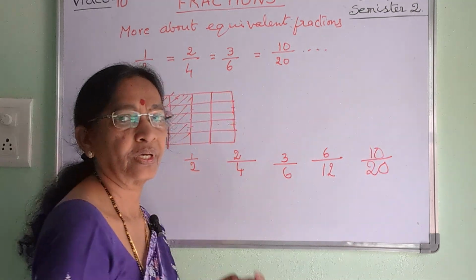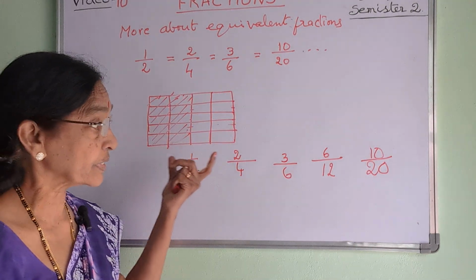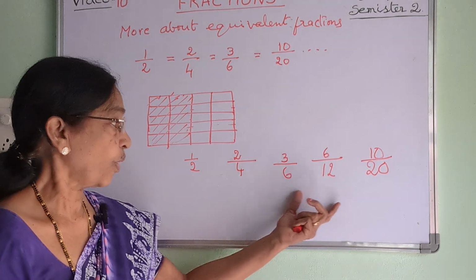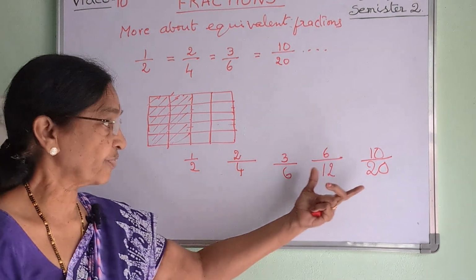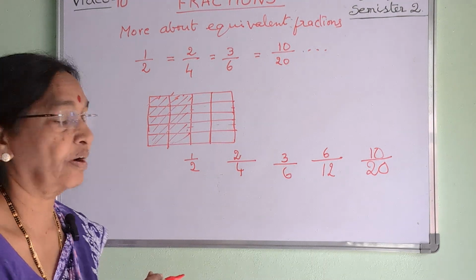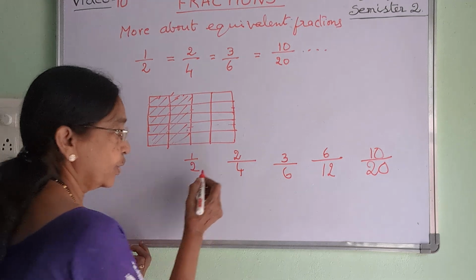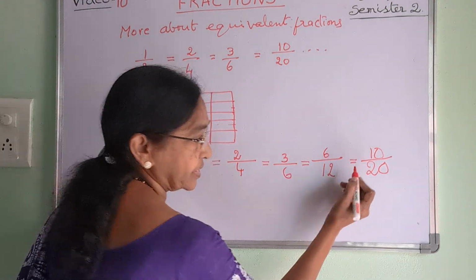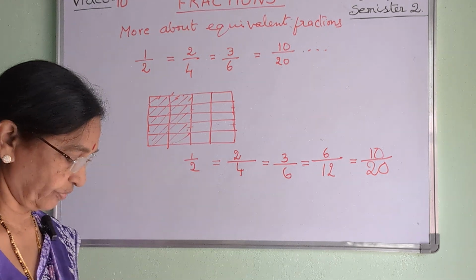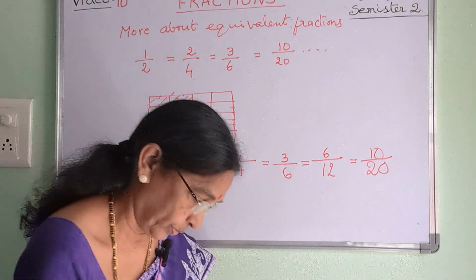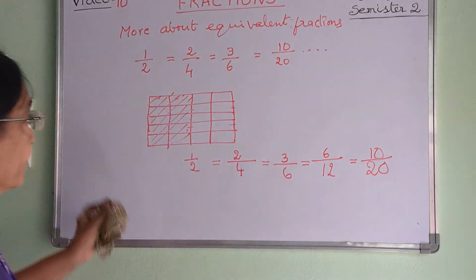Therefore, the shaded portion represents 10 by 20. So all these fractions represent the same portion of a rectangle, the half portion of the rectangle. So these are known as equivalent fractions. The equivalent fractions represent the same part of a whole.